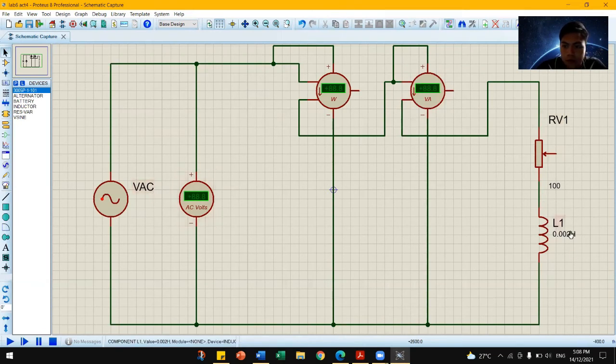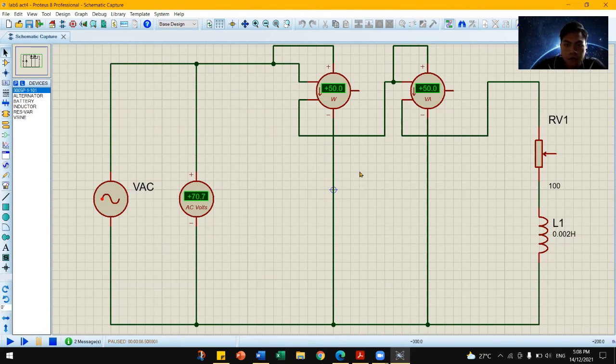We firstly use 0.002 Henry. So we run the simulation and wait a few seconds until the calculation stops.